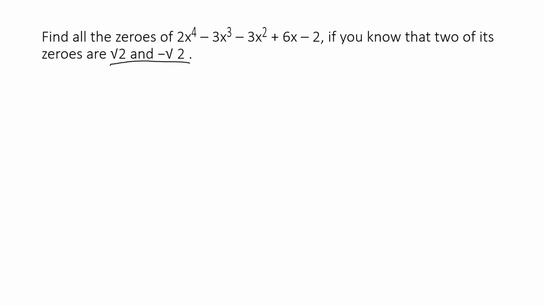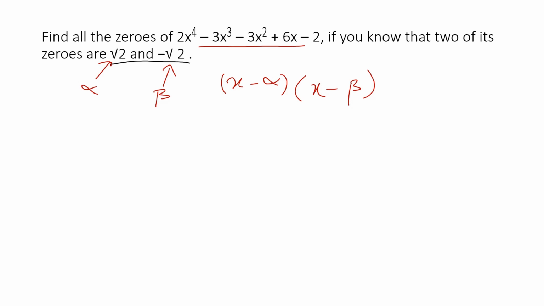So first thing what we'll do is, if this is alpha and this is beta, we know that it can be written as x minus alpha into x minus beta, to find the factors.